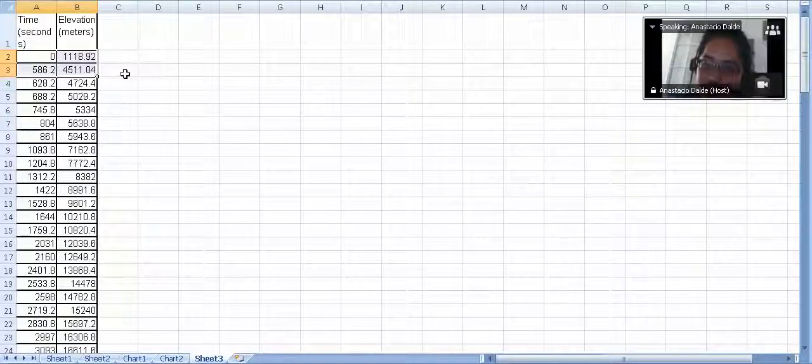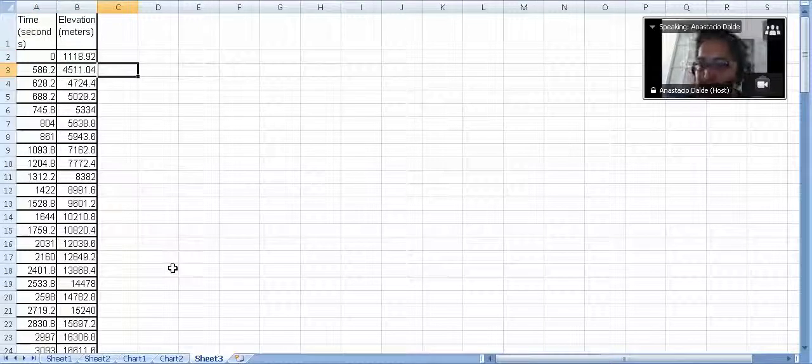All right, so what I want to do is figure out what the velocity is. The way I can do that is I want this cell to be equal to the one right here. I would like for you to calculate the change in height. So it would be this number minus that number.